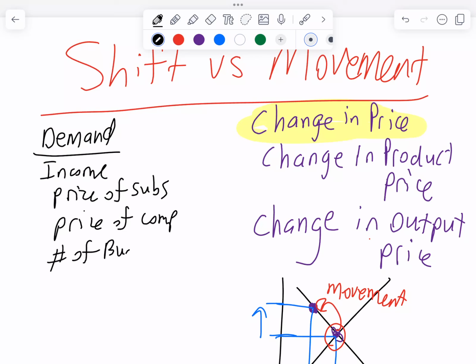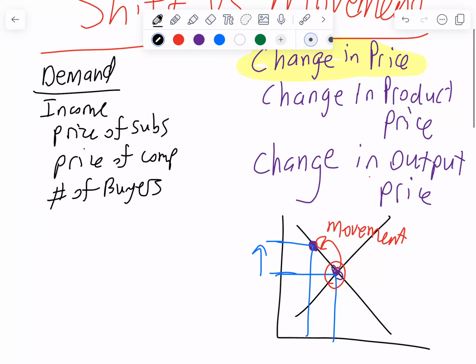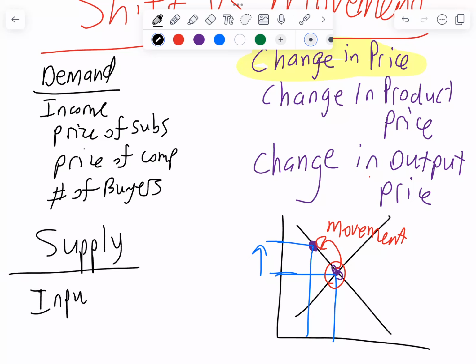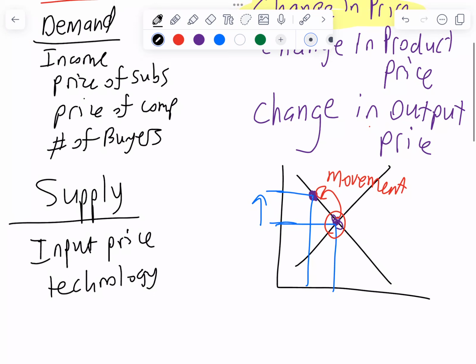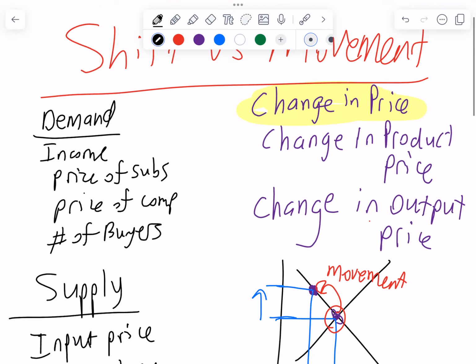All of those factors that we've talked about before, those will shift the demand curve. If we're talking about the supply, the things that will shift the supply are going to be your input prices, or technology, number of sellers. All of these things are going to be shifting the demand or supply.